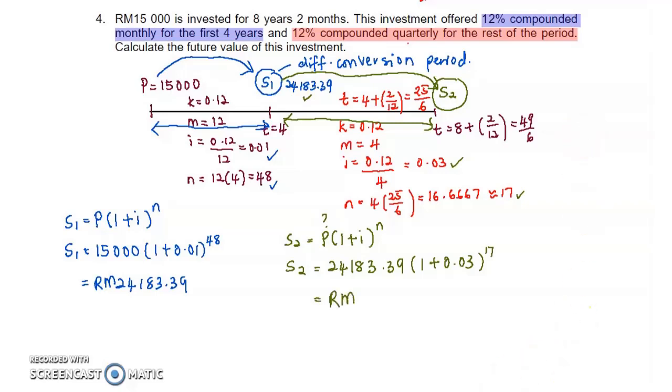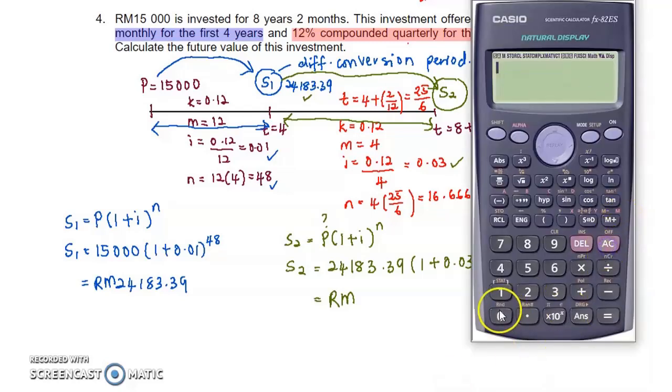If we calculate 1.03 to the power of 17 multiplied by 24183.39, we get 39971.46.